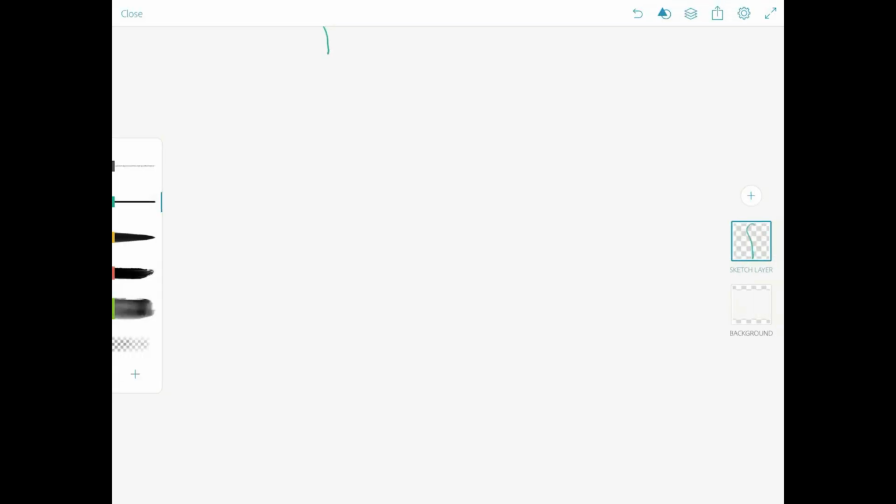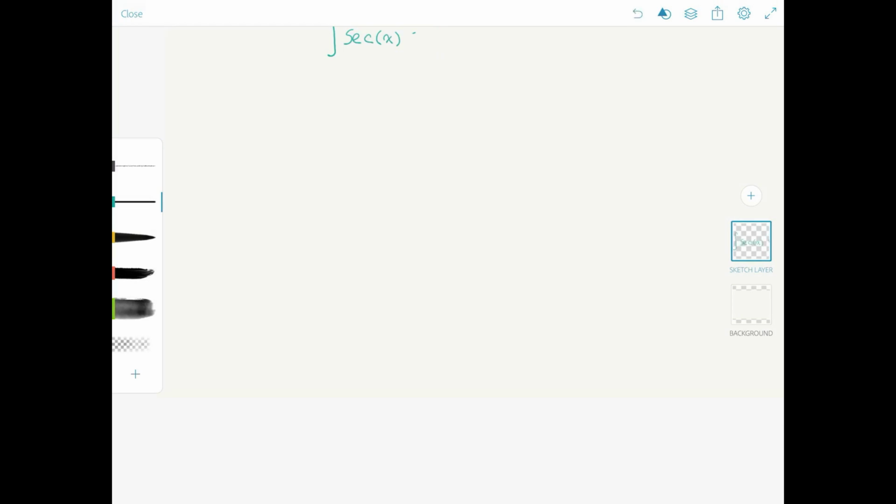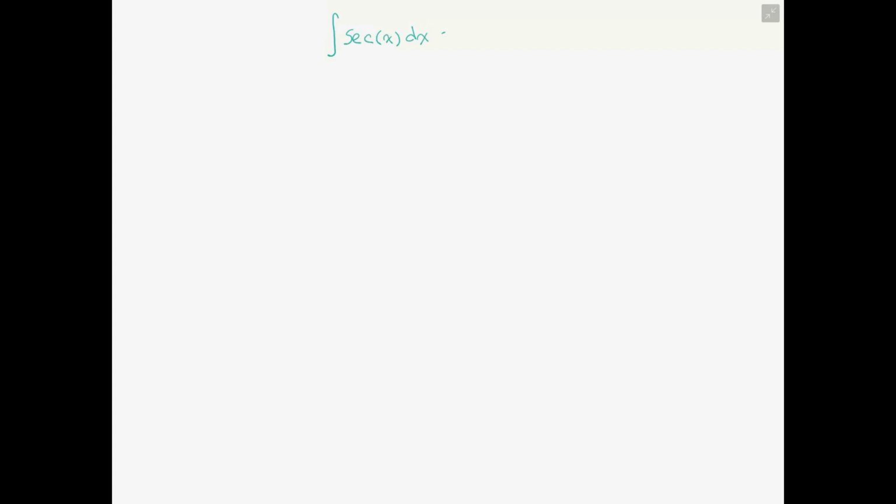In this next example, we're going to look at an alternate way of integrating the secant by going right to the fundamental definition of what a secant is.